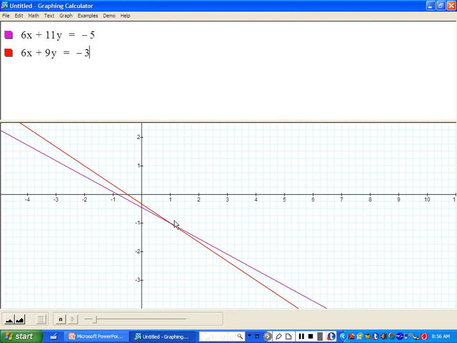Alright, here we go. So it looks like they intersect right around here, and it does look like 1, -1. The coordinate does look like 1, -1.